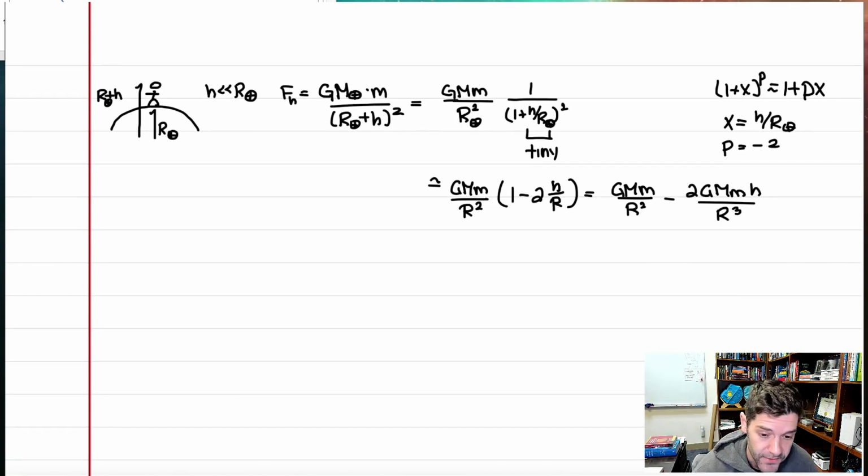And again, assuming that h is much, much less than r, this is a perfectly valid, great approximation to the expression I started with, GMm over (r plus h) all squared.